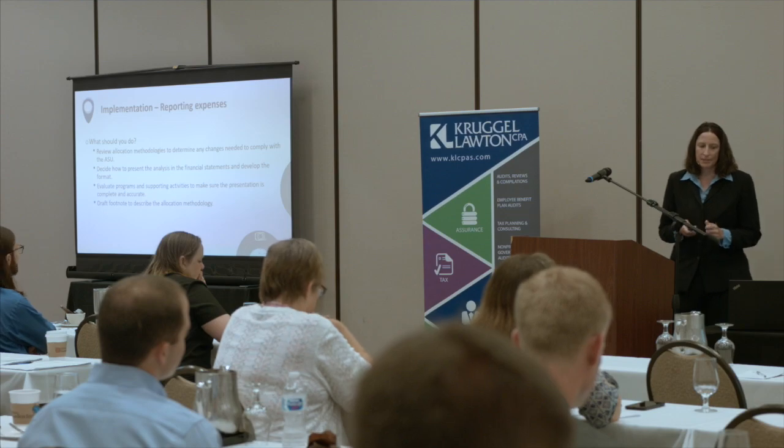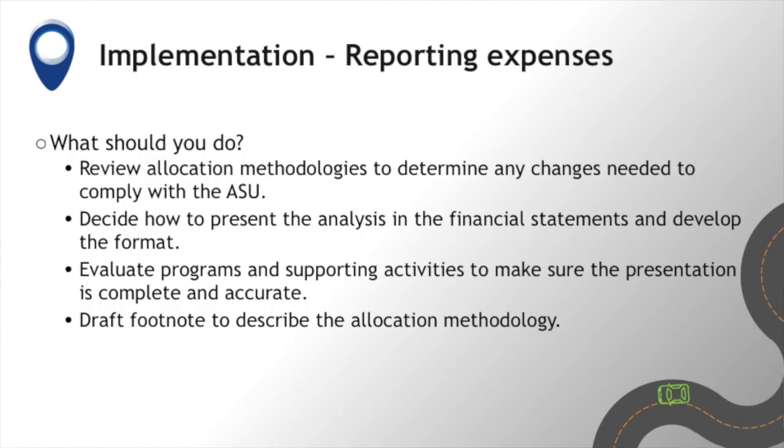So in terms of implementation and reporting expenses, what should you do? Review your allocation methodologies to determine any changes that are needed. Decide how to present your analysis in the financial statements. So again, either on the face of the statement of activities, in a footnote, or just present the statement of functional expense.